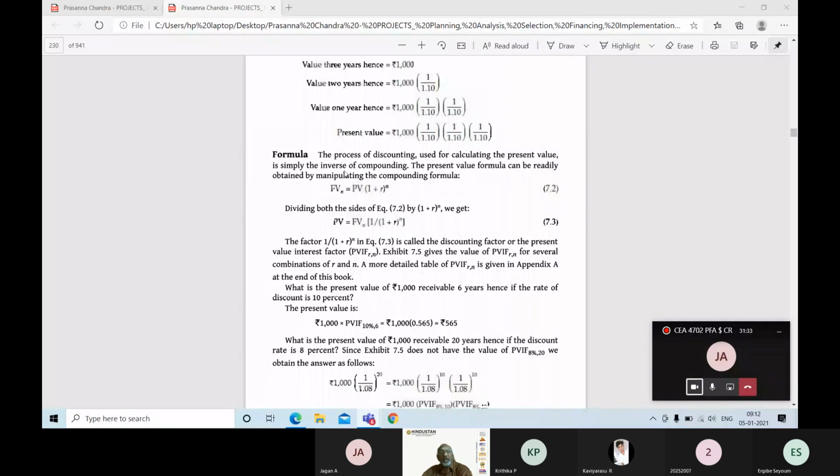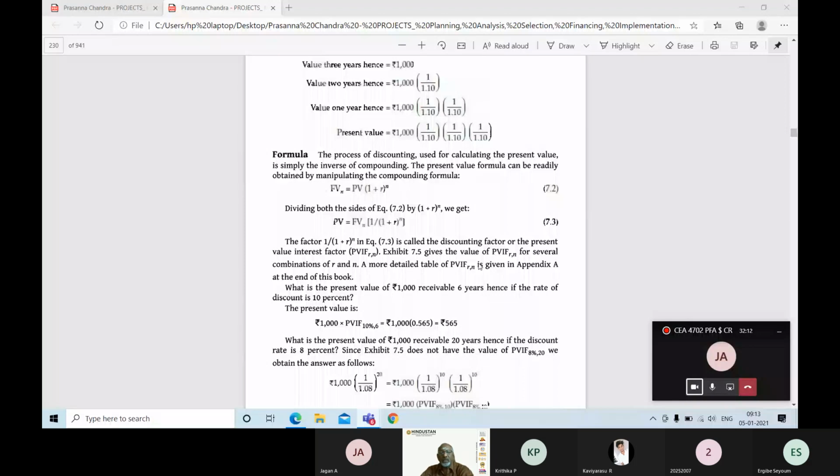Dividing both sides, we arrive at this formula: PV is equal to FV divided by (1 plus r) to the power n. So this is the formula, and it is called the discounting factor or the present value interest factor.